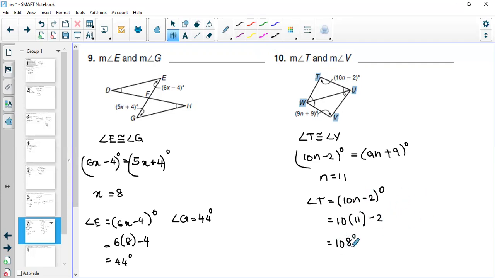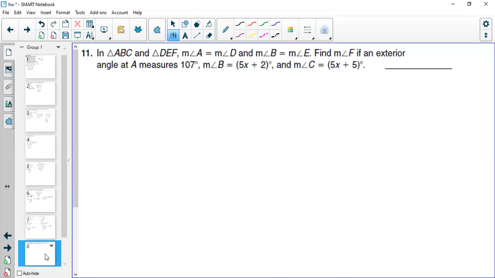Okay, now angle T is 108. Could I say angle V is also 108? Yes, you can, because they both are congruent as we already wrote. So angle V is also going to be 108 degrees. As I always say, these comes with practice.